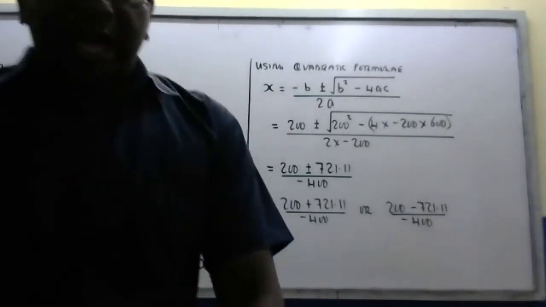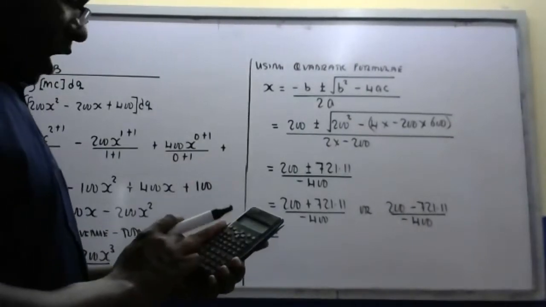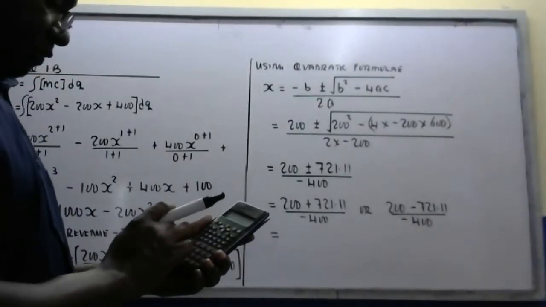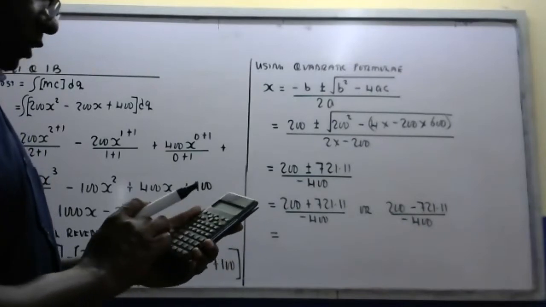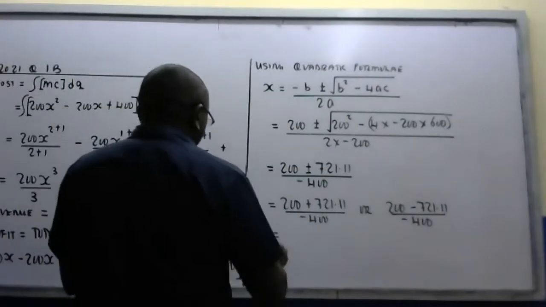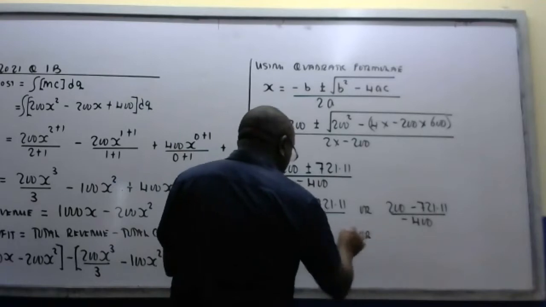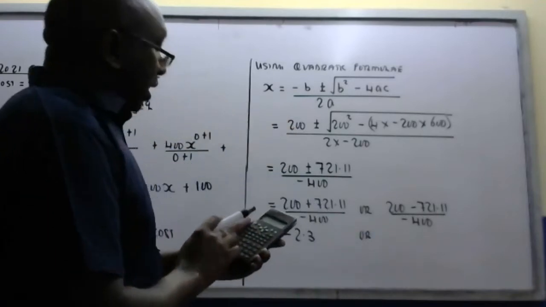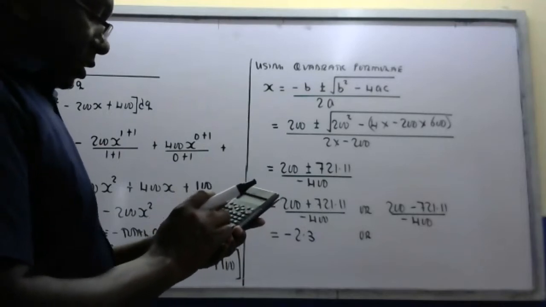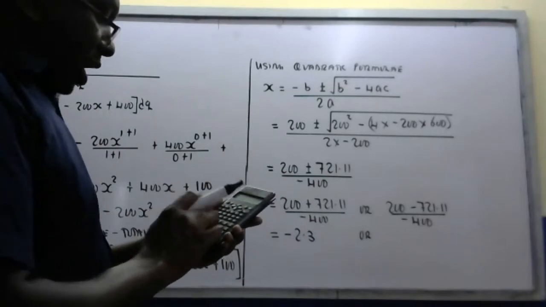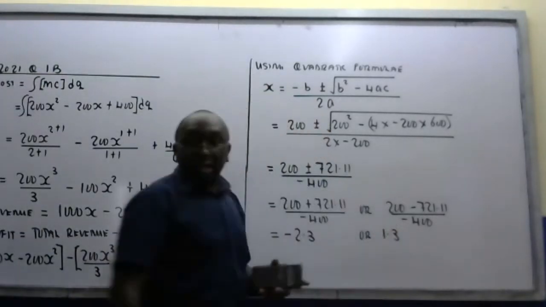So we solve that now and get 200 plus 721.11 divided by minus 400 and get minus 2.3. The other one is 200 minus 721.11 divided by minus 400, which is 1.3.